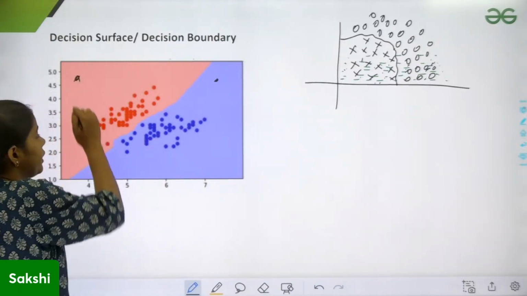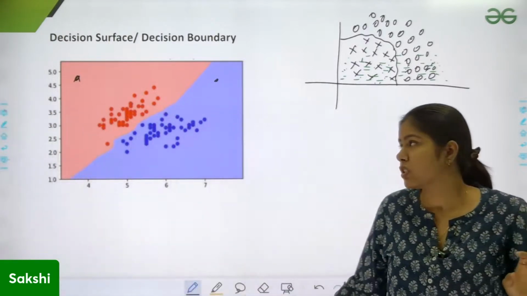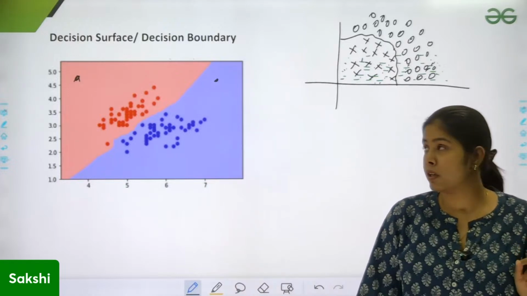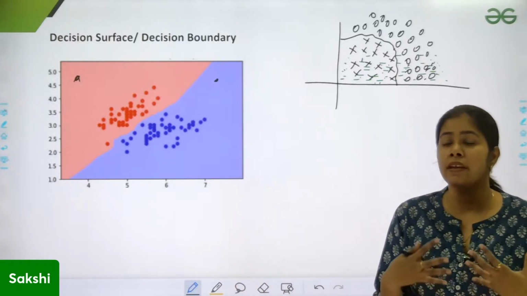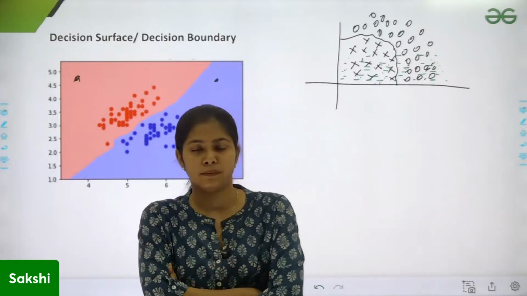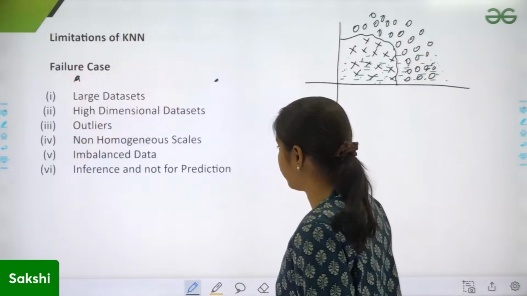If I get one point here, I do not have to check k nearest neighbors again and all those things. I'll get my decision according to the color of the section in which this point lies. So that is my decision surface, or I can say decision boundary.